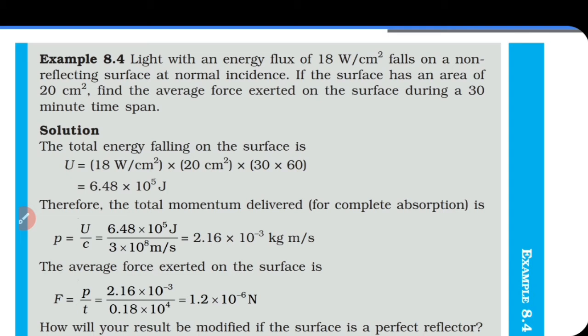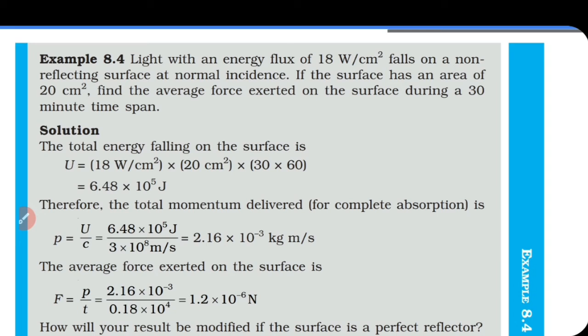So, it's given energy flux, that means energy per unit area per unit time. So, we have to multiply that energy flux with area and time. Area is given as 20 centimeter square and time is 30 minutes. Since energy flux is given in 18 watt per centimeter square, we don't need to convert the unit there for the flux and for the area.